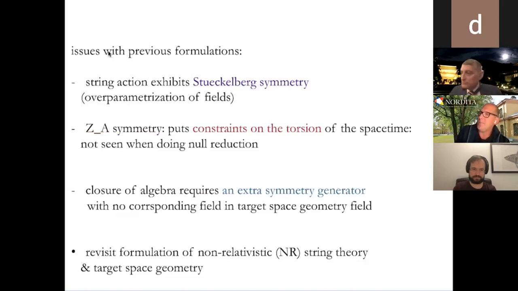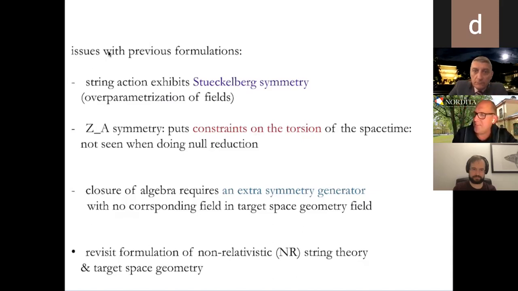And imposing this symmetry on the string action puts some constraints on certain properties of the target space-time, namely its torsion. And it has puzzled us that when we do null reduction, we get a very similar action, but we do not get such constraints.